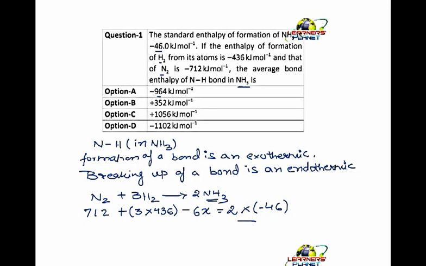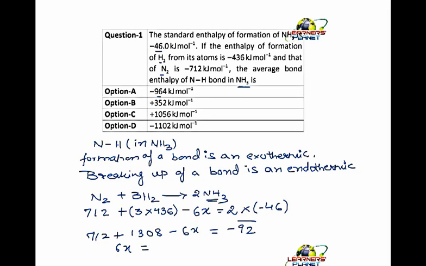Now this is your 712 plus 3 into 436, which comes out to be 1308, minus 6x is equal to 2 into 46, and that gives you minus 92, right?